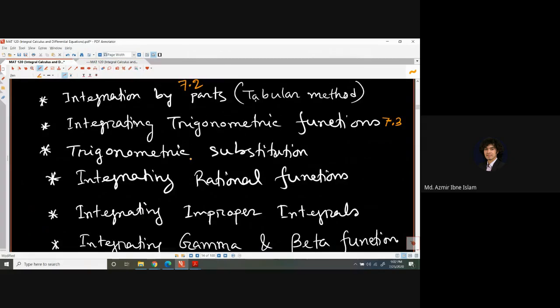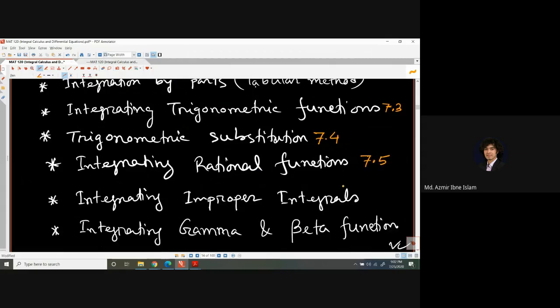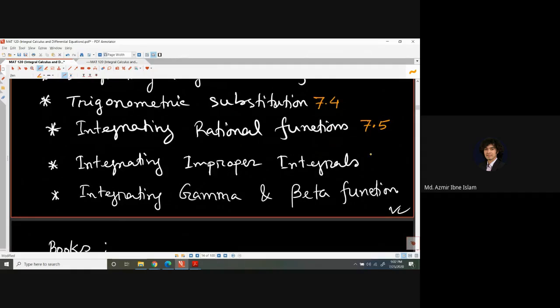Then the trigonometric substitution concept you will find in section 7.4. Integrating rational functions will be from section 7.5. Improper integrals will be from section 7.8.